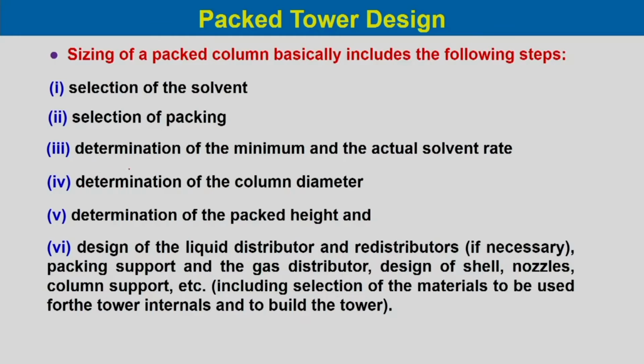Based on that we need to select the packing material. Then determination of the minimum liquid rate or solvent rate and then the actual solvent rate, which we discussed in the last class. Determination of the column diameter we have also discussed to some extent during the discussion of our equipment. Now, in this lecture we will primarily concentrate on the determination of the packing height.